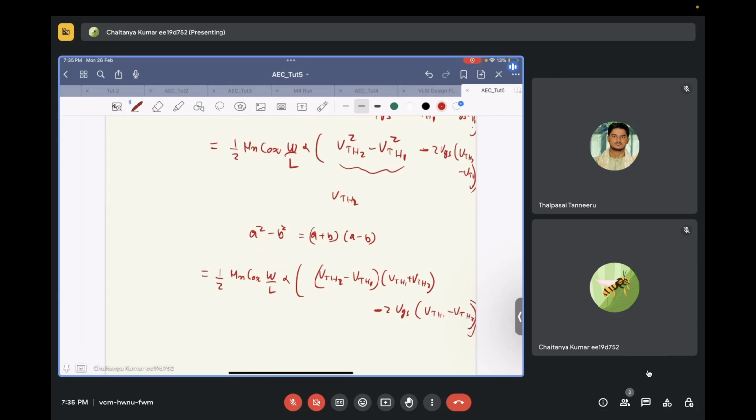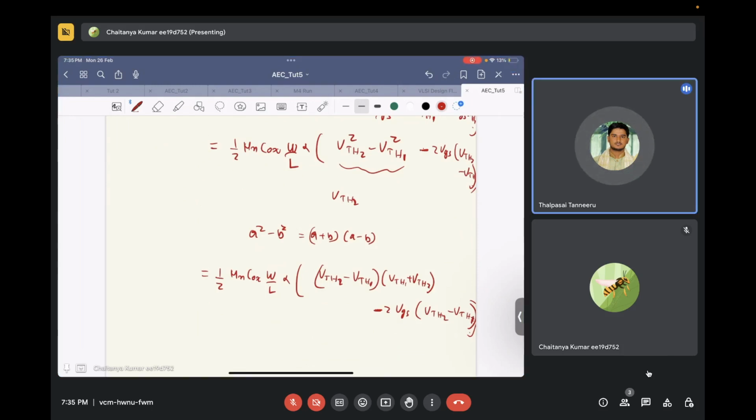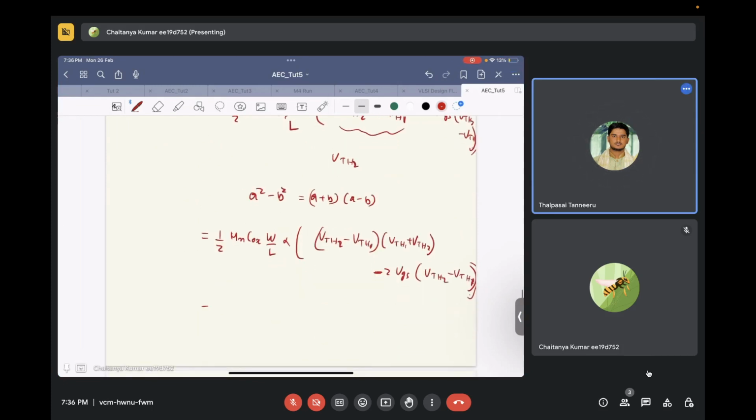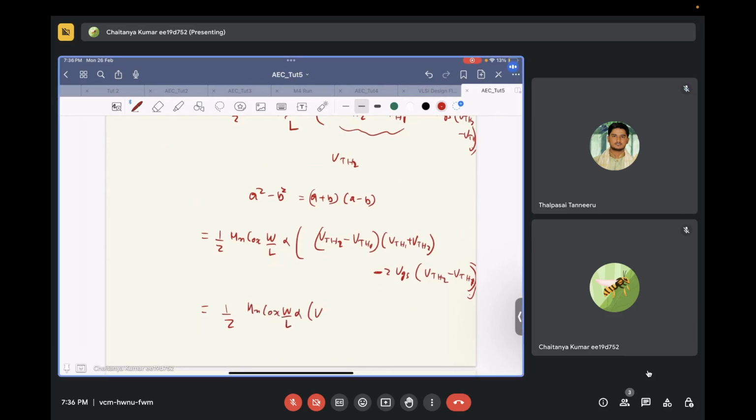Okay, so from here VTH2 minus VTH1 can be taken common, right? Yes, sir. So mu n Cox W by L times alpha times (VTH2 minus VTH1) times (VTH1 plus VTH2 minus 2 VGS).